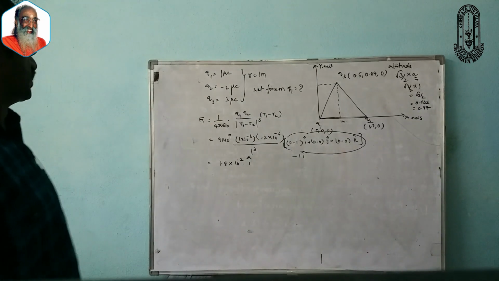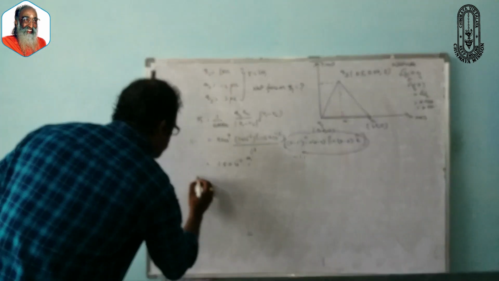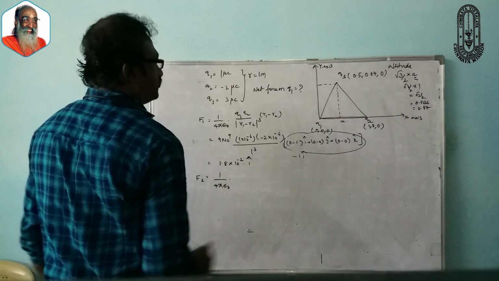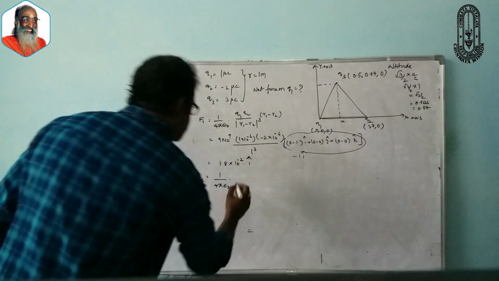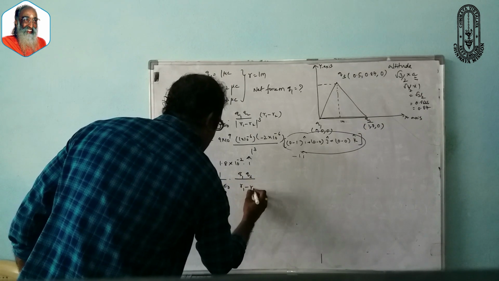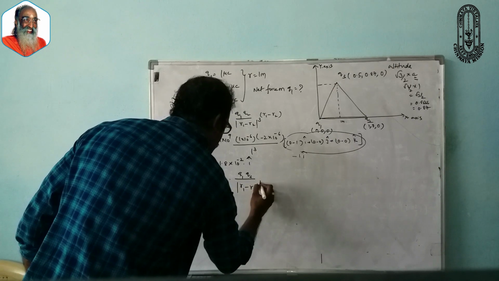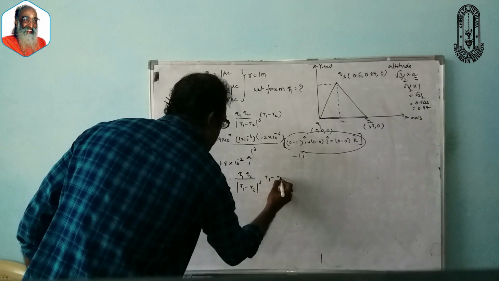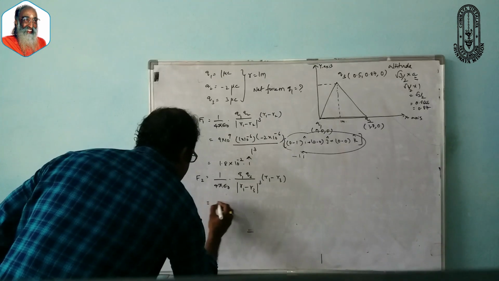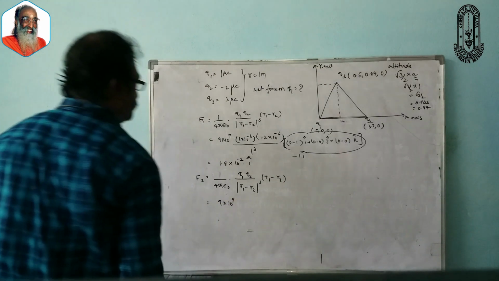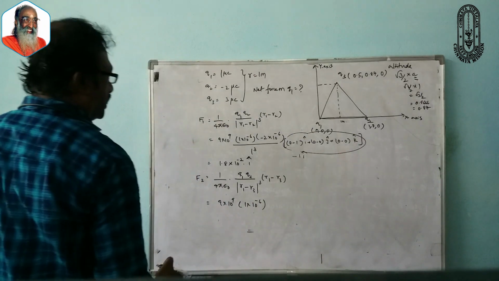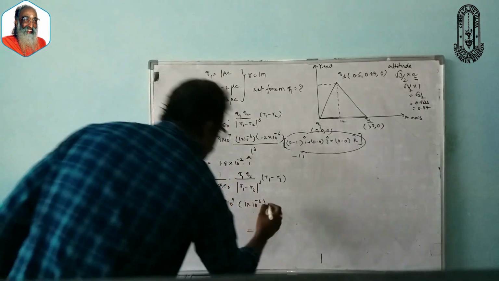I am coming to this F2, which is 1 by 4 pi epsilon naught. F2 is between Q1 and Q3. So it is Q1, Q3, and it is |R1 minus R3| whole cube, and the vector R1 minus R3. So it is 9 into 10 to the power of 9, and Q1 is 1 into 10 to the power of minus 6, and Q3 is 3 into 10 to the power of minus 6.